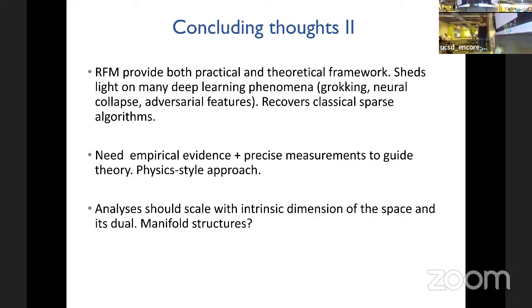The gradient spans the relevant features. Those are the directions which affect your predictions, and that's the only thing you care about. If you want to predict the next token, you only care about things which affect the next token. And I think going back to manifolds would be very interesting, and that's one thing I would like to do. Okay, I think I'll stop here, and thank you.